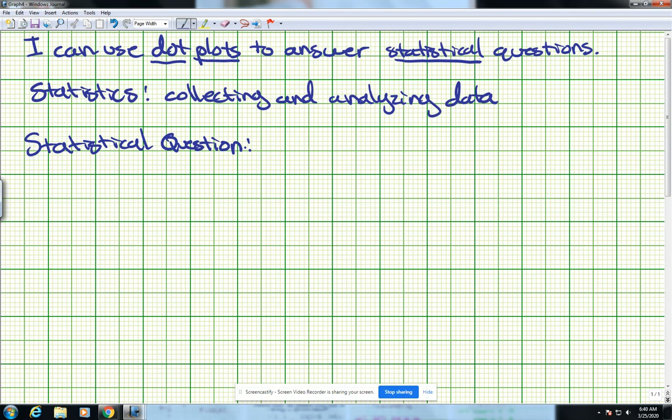A statistical question has lots of different answers. You can't just say one thing when you're asked this question. There is no single answer. Another way of saying that would be there can be many answers.